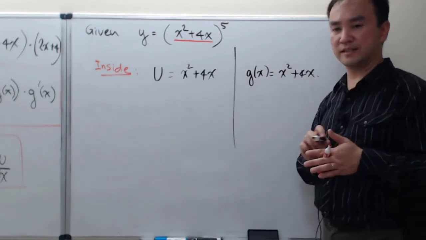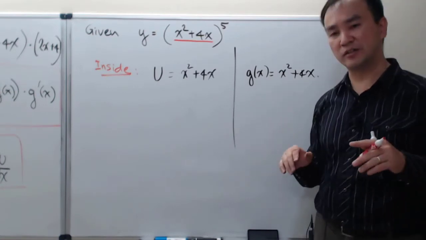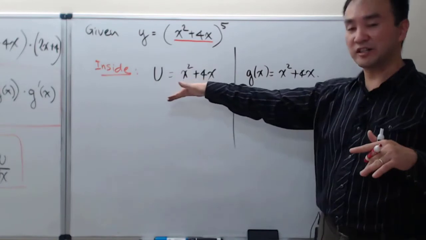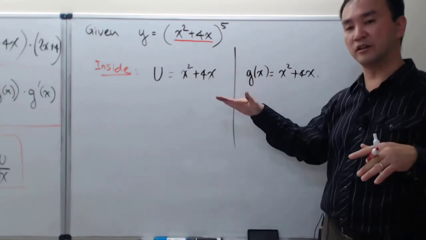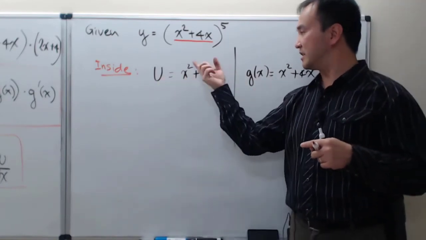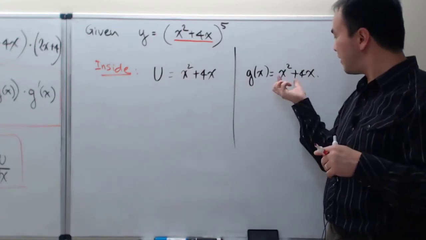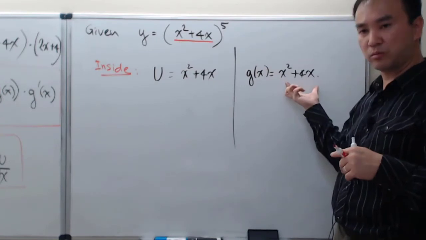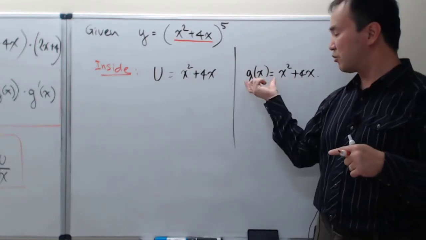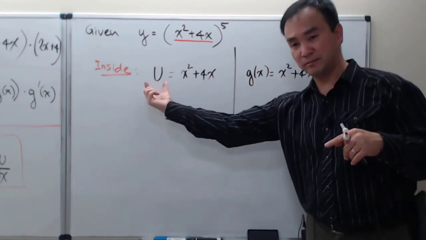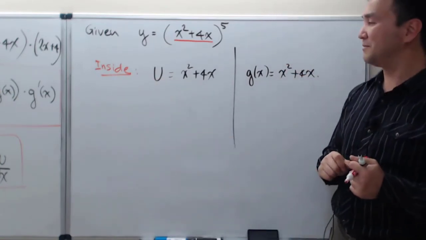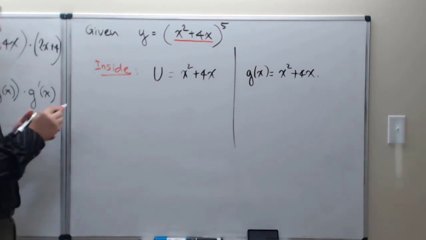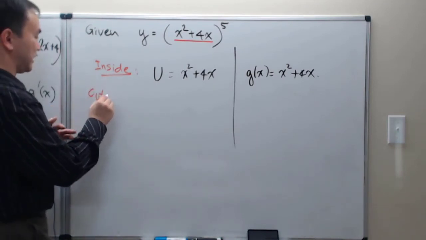Different ways. In the same video lecture here, I'm trying to use as many different styles as other instructors and students out there are using. Basically it's all about replacing the inside, tackling down the inside expression and substituting that, regarding it as a new function or a new variable. And once we tackle down the inside expression, then we're going to move on to the outside.